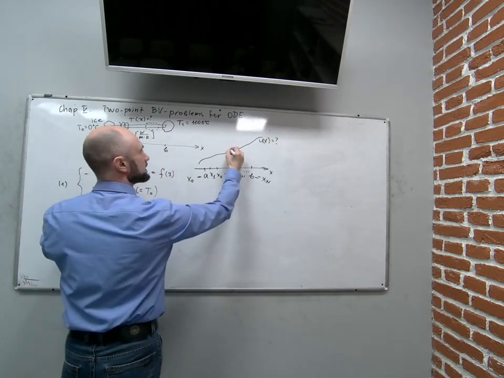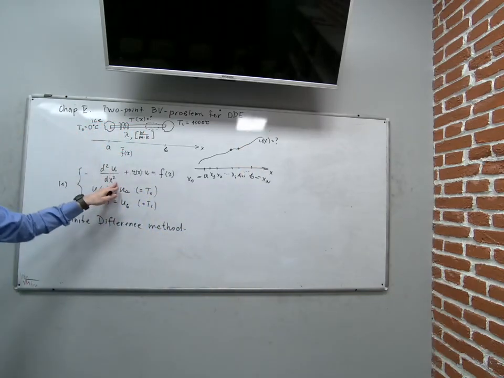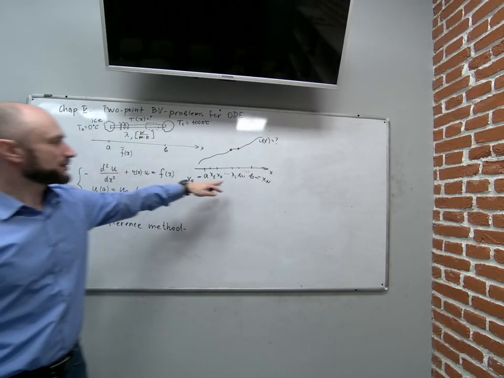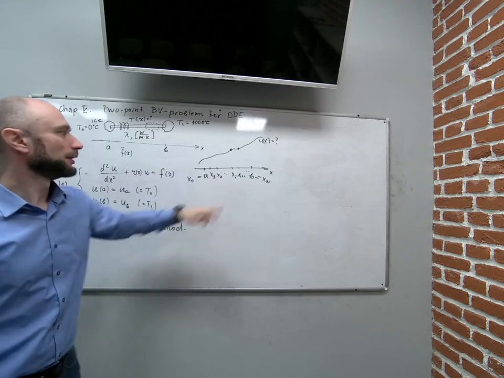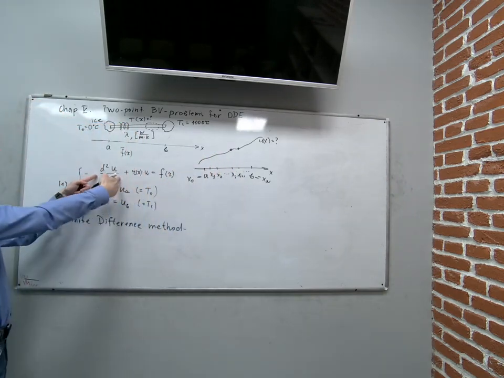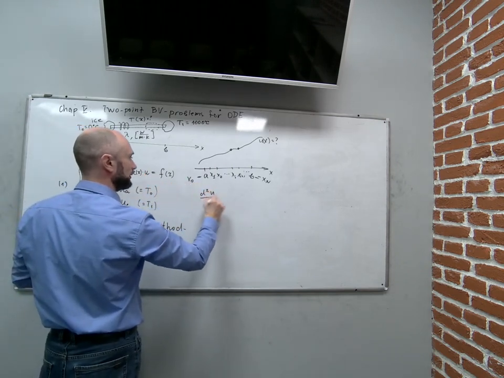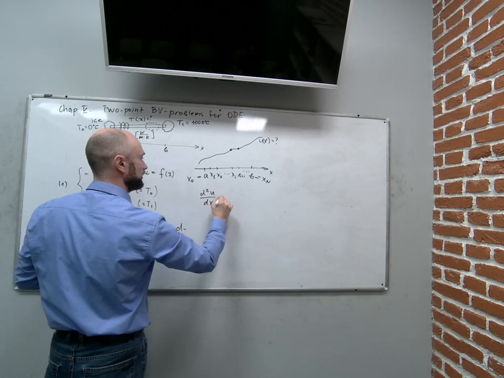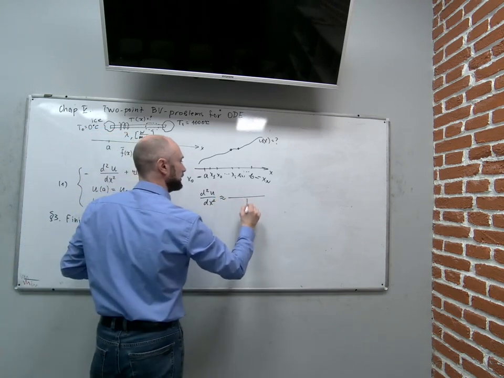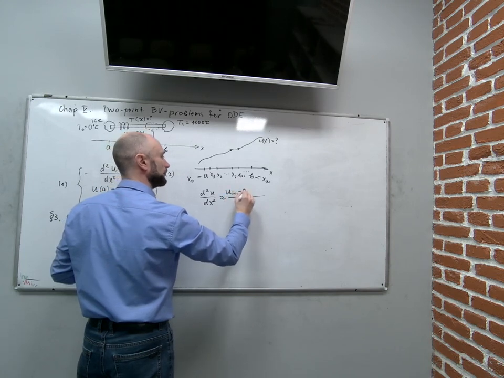But we can say that we will be looking for the values of this function only at the points of our mesh, as we did before, and we need to approximate this derivative. How did we do that? For example, we can use a well-known second-order approximation formula.